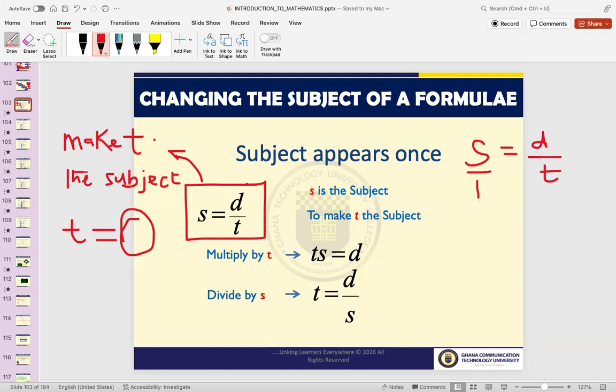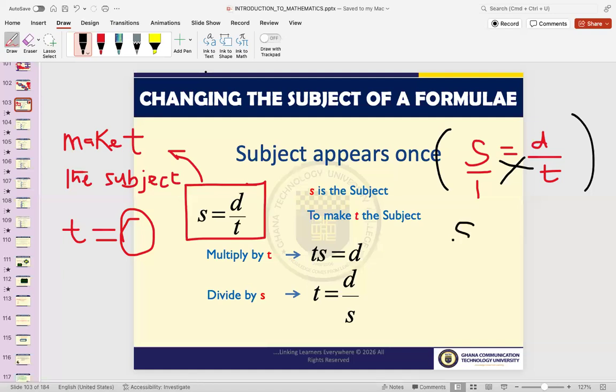So when you have it this way, then you cross multiply. You try to remember your cross multiplication. You go this way, T will multiply S, and then D will multiply 1.